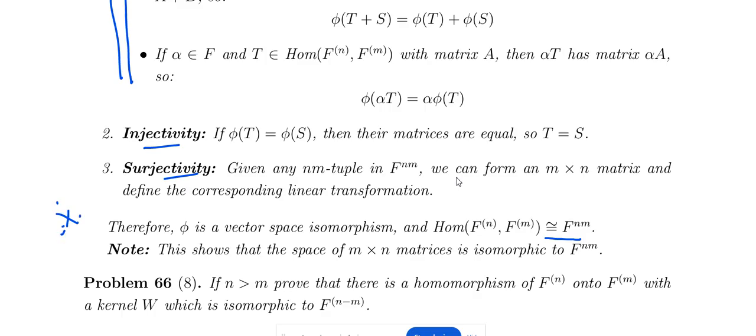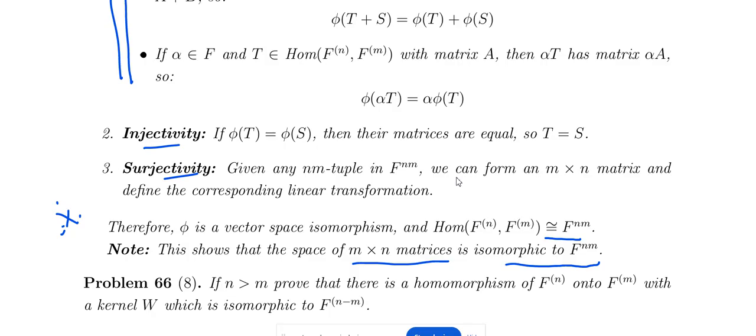This shows that the vector space of the collection of m by n matrices is isomorphic to F^nm, where F is the field.